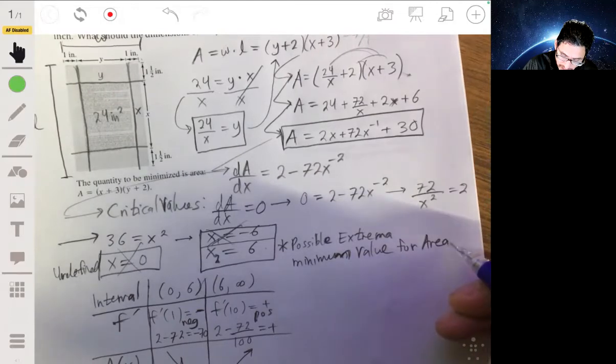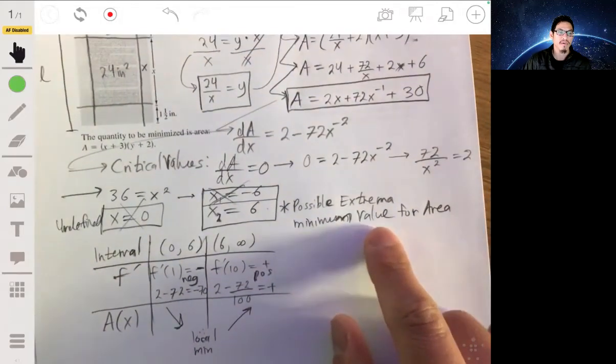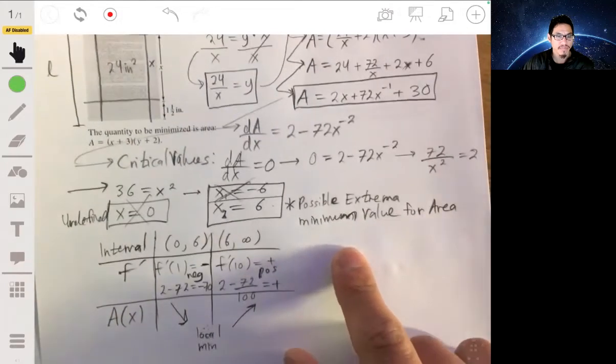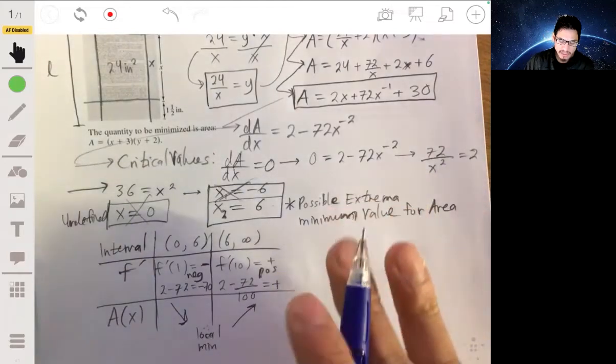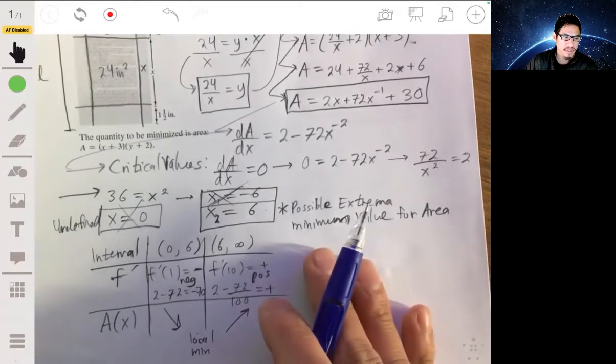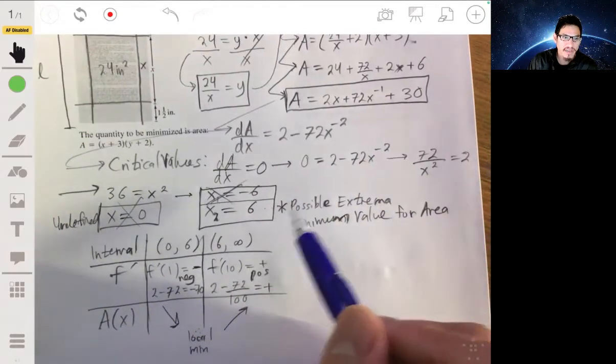So then we basically know that this is going to give us the least amount of area when we make x equal to 6. Now, make sure you understand this concept, because I like to add a little more to this just to make sure that my students get this, because sometimes students get lost in the math and forget what's happening.